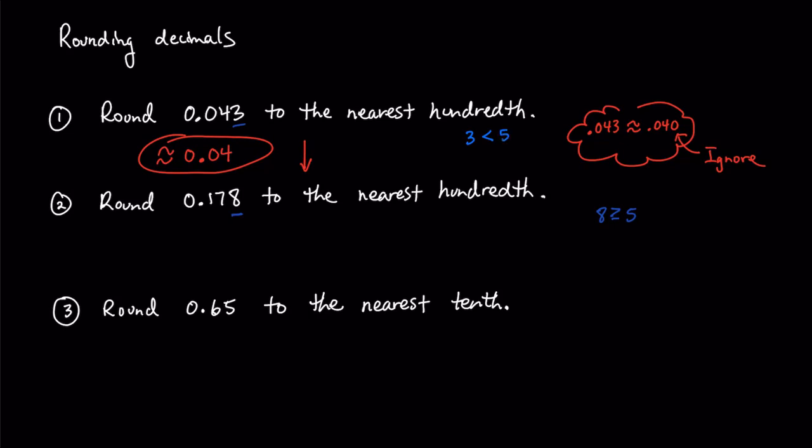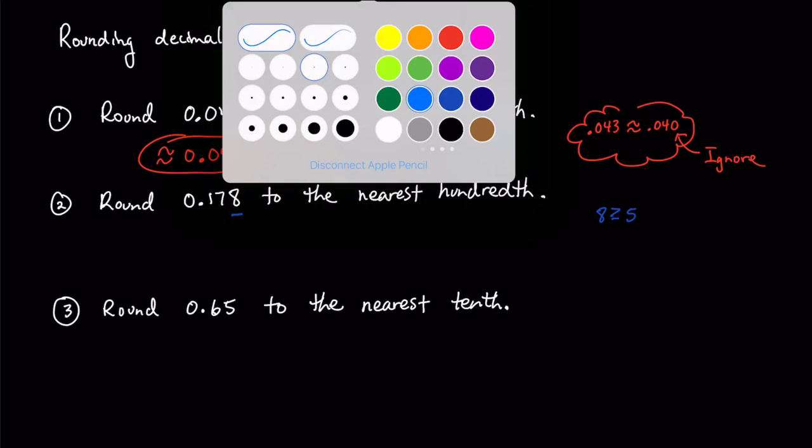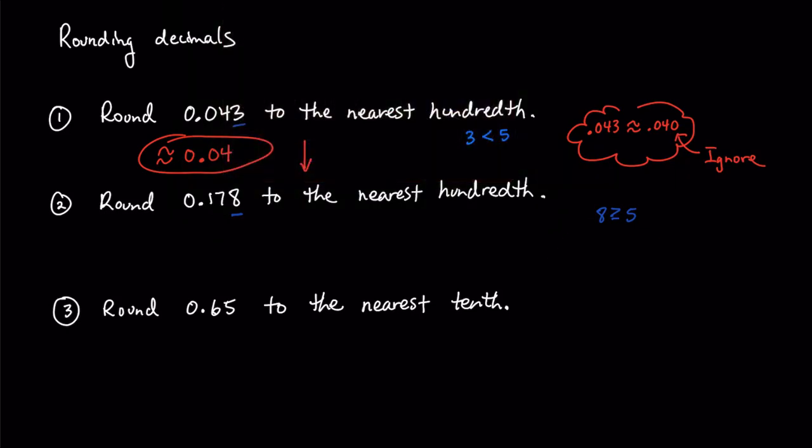So 5 is our breaking point. If 8 is greater than or equal to 5, we're going to round this number up. We're going to round this to be 0.18. So that 7 becomes an 8.